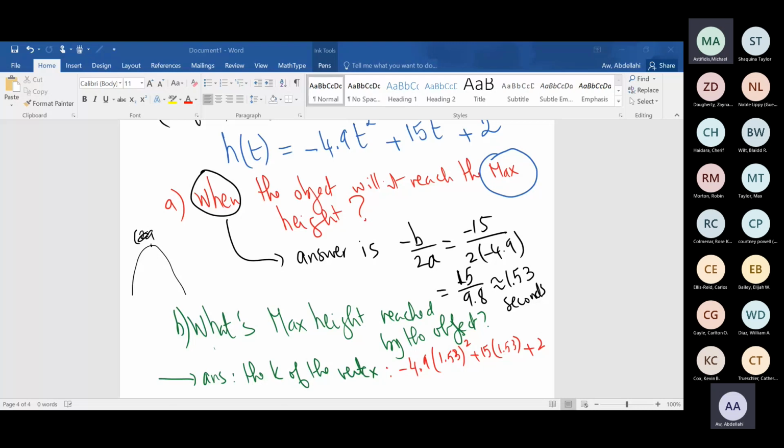But we can try negative 4.9 times 1.53 squared, plus 15 times 1.53 plus 2, which is 13.48 feet.